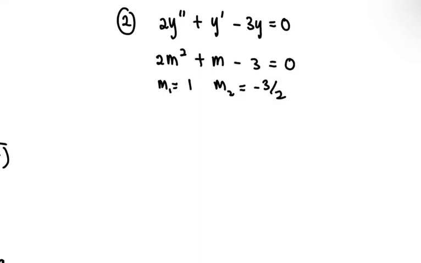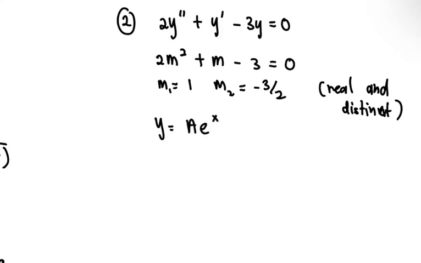This I directly take from my calculator. So this is real and this is also real. Hence the solution will be y equal to a e to the x plus b e to the minus 3 over 2 x.